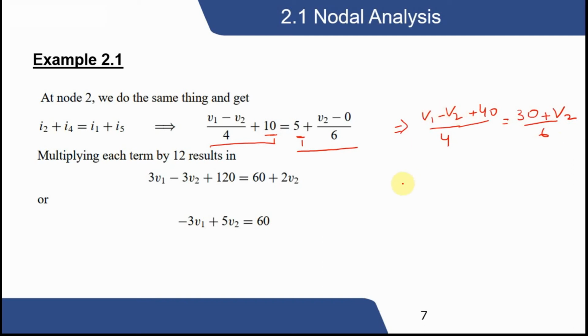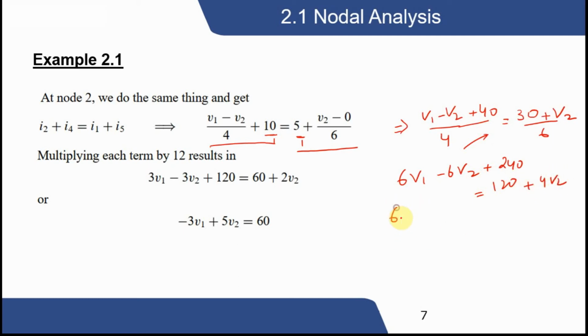So we have 6V1 minus 6V2 plus 240 equal to 120 plus 4V2.